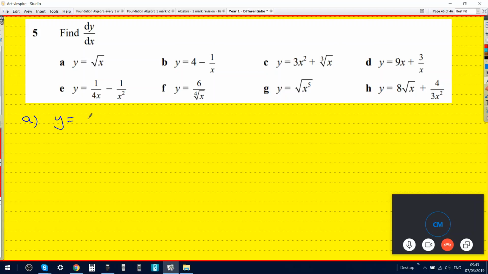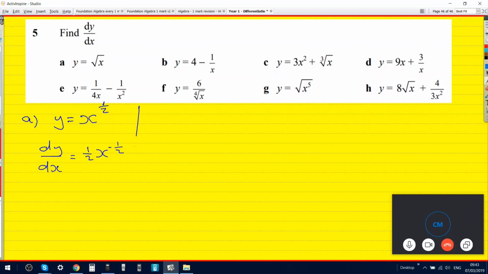So could you do y squared equals x? Well, the square root of x, that's the same as x to the power of what? Same as x to the power a half. Yep. And then you do it. So half x to the minus half. Yes, half. Yep.